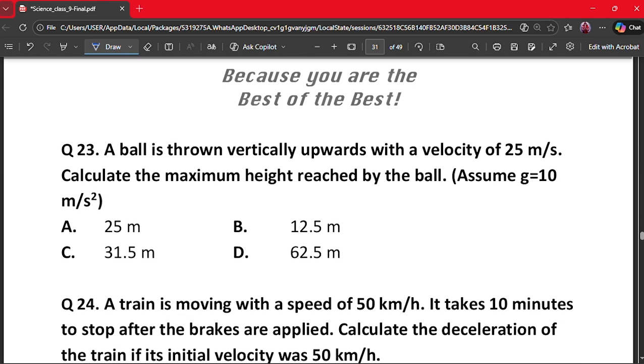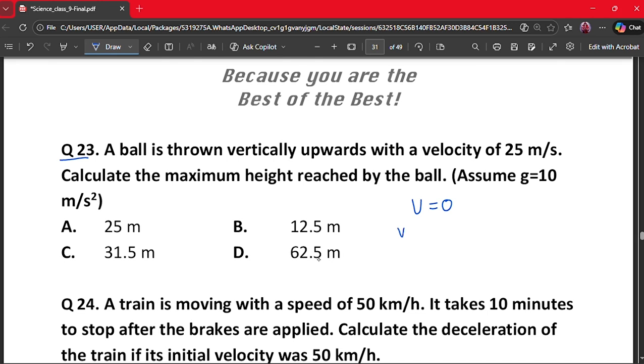Our next question is question number 23. A ball is thrown vertically upward with a velocity of 25 meter per second. Calculate the maximum height reached by the ball. Assume g is equal to 10 m/s². So here at maximum height, final velocity is 0, so v is equal to 0.